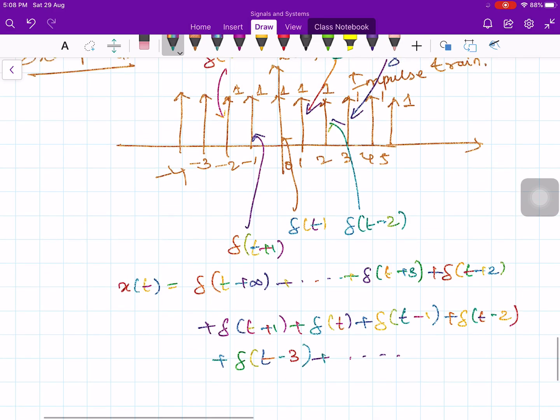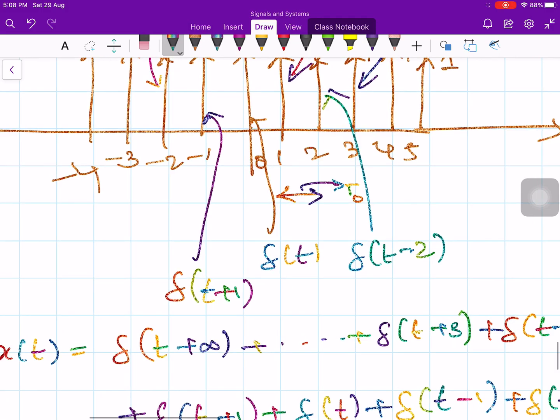Let's say the difference between 1 and 2, this duration, is t naught. So instead of that I can say this is t naught, 2 t naught, 3 t naught, 4 t naught, 5 t naught, like that. And here this is minus t naught, minus 2 t naught, minus 3 t naught and minus 4 t naught, like this.